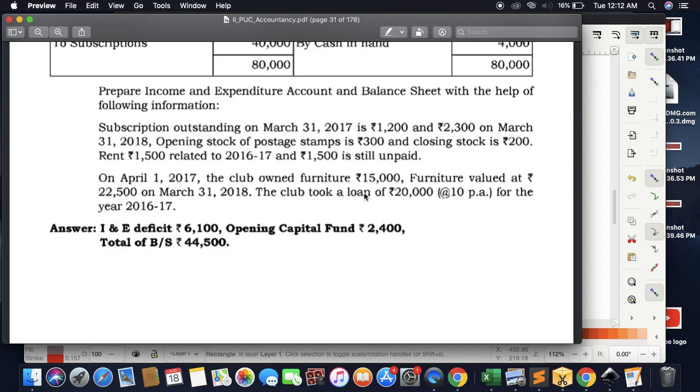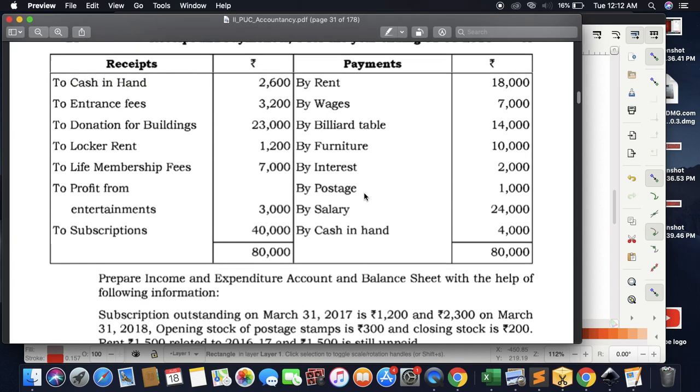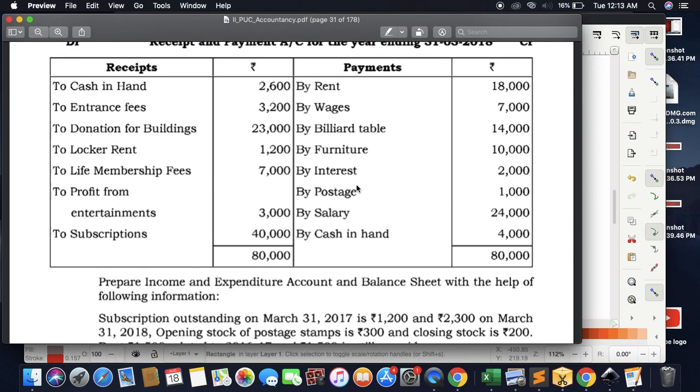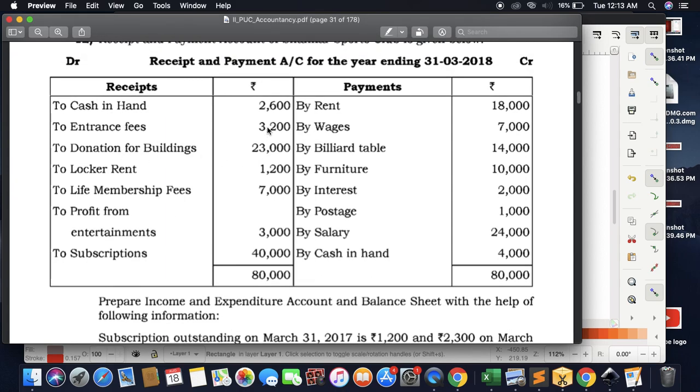So you will take it as an income. This one you would not take, donation for buildings, because this will go as a capital income.